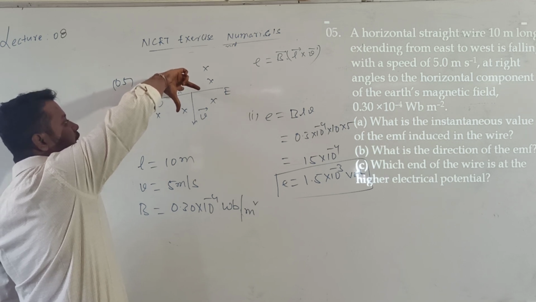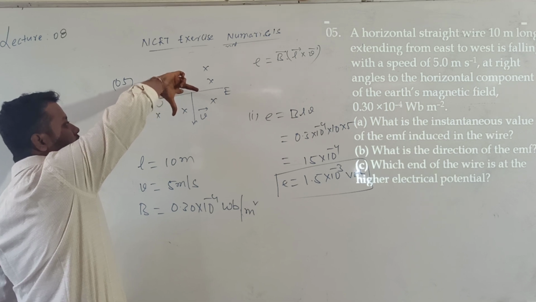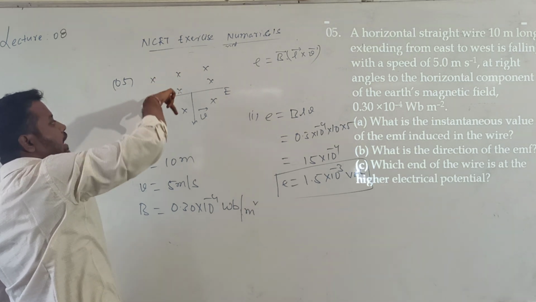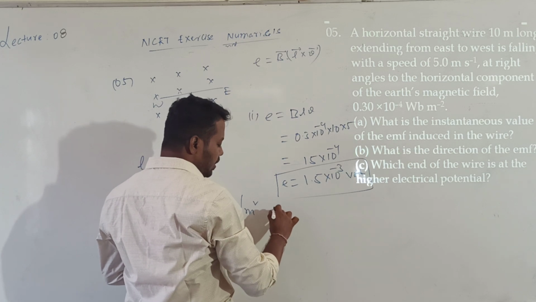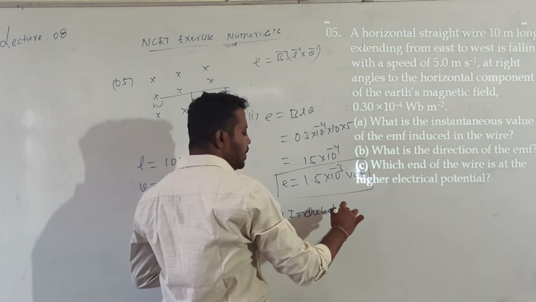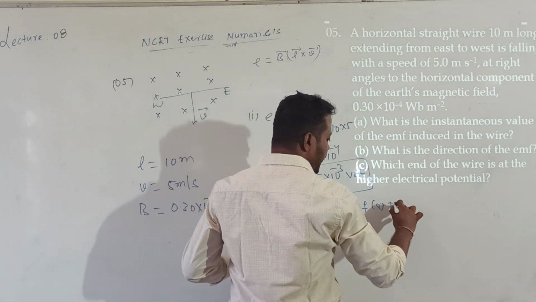So the forefinger indicates the direction of the magnetic field, and the thumb indicates the direction of the motion of the conductor. So then what happens? Induced EMF or induced current direction, from where to where? West to east.